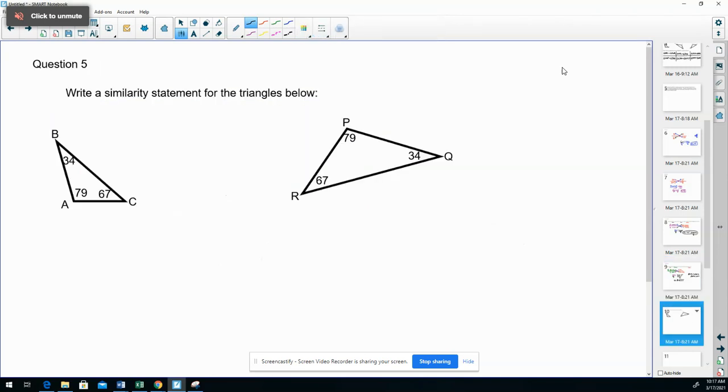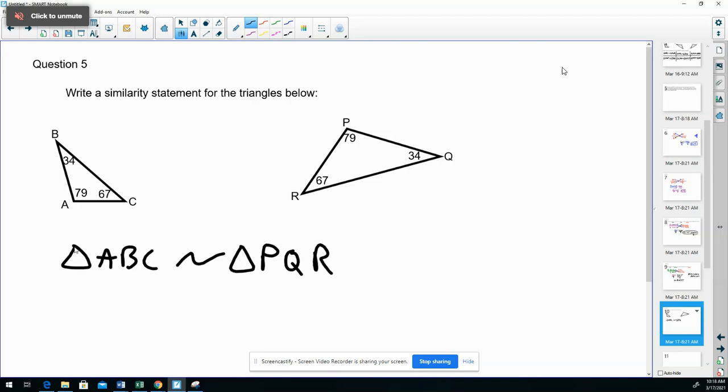Okay, so we have a similarity statement for the triangles below. So we're going to start off with the first one. I just start with ABC. You don't have to, okay, but I just do. Triangle ABC is similar to triangle P, because A matches up with P. Q, because Q matches up with B, they're both 34.